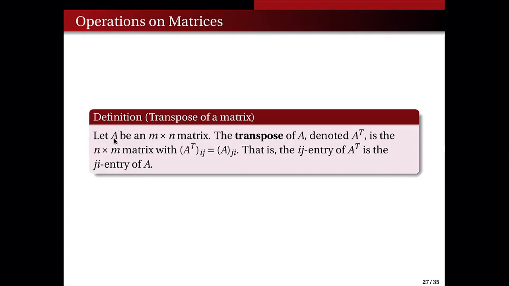Take note, the matrix A has size m by n. The transpose will be a matrix with size n by m, so the dimensions will interchange.